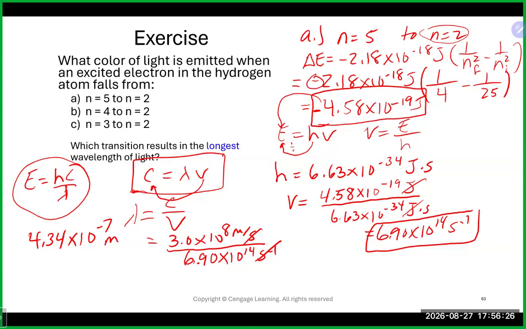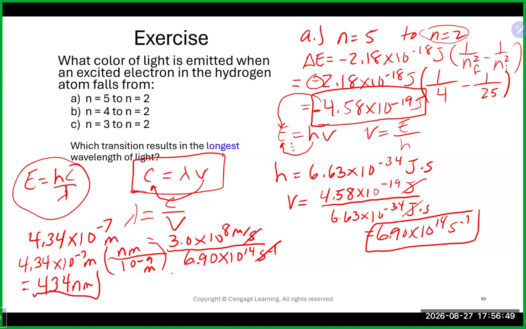And if we wanted, for example, nanometers, we could convert that like we did in the lab, since it is looking for maybe what color of light it might be. And we could do our 10 to the minus 9 meters is a nanometer, and we will end up with 434 nanometers in this case, or meters, whichever one you want to give it in.